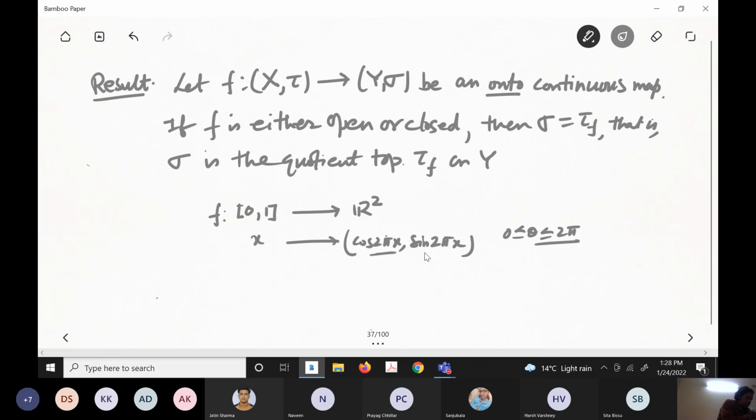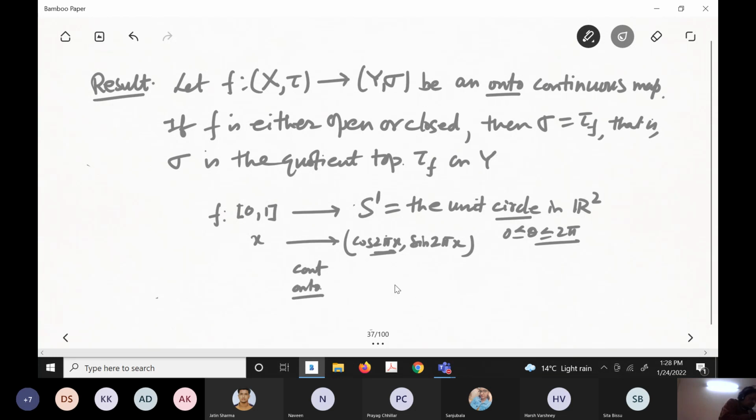So instead of R², if you take S¹, the unit circle, centered at the origin with radius 1, this is a standard thing in functional analysis also. The unit circle in R². This is continuous because 2πx is a composition of two continuous functions. f is continuous and onto.